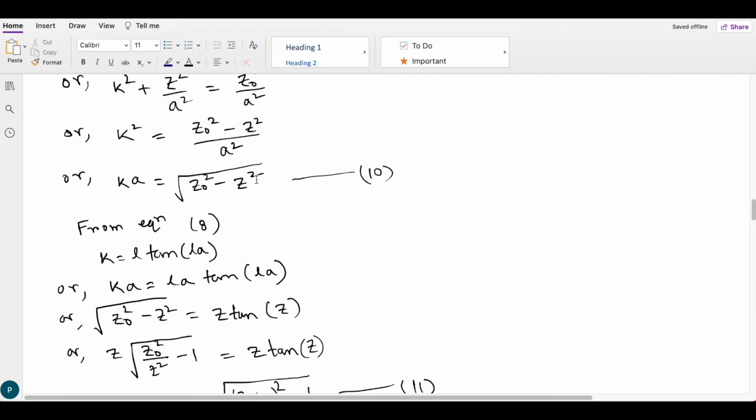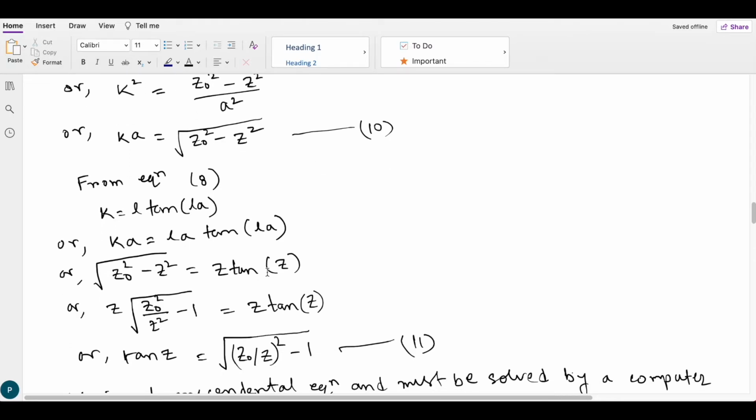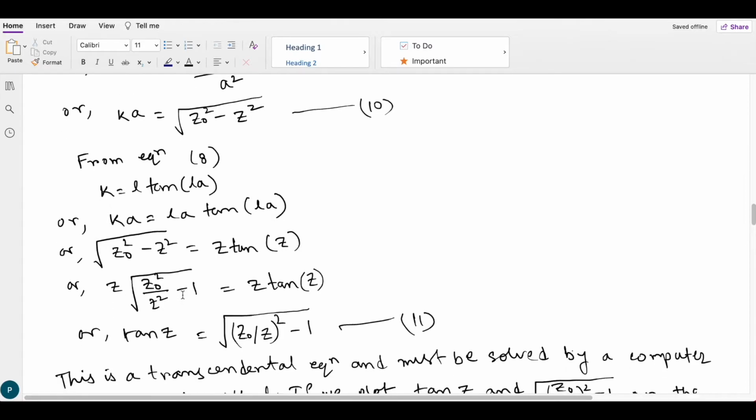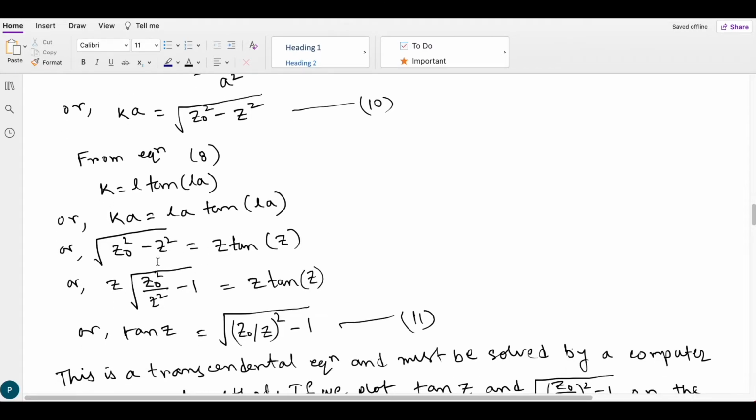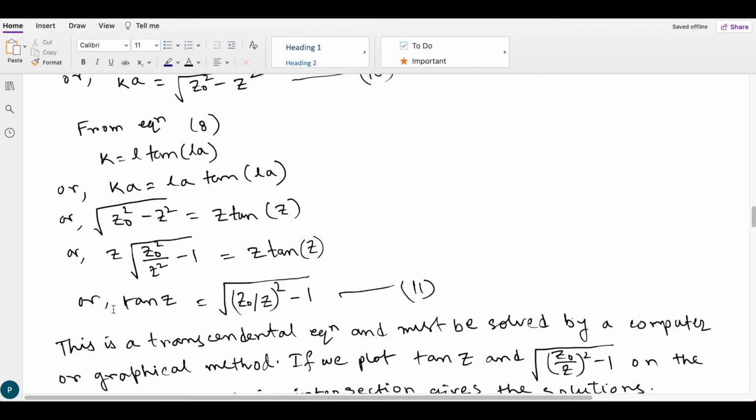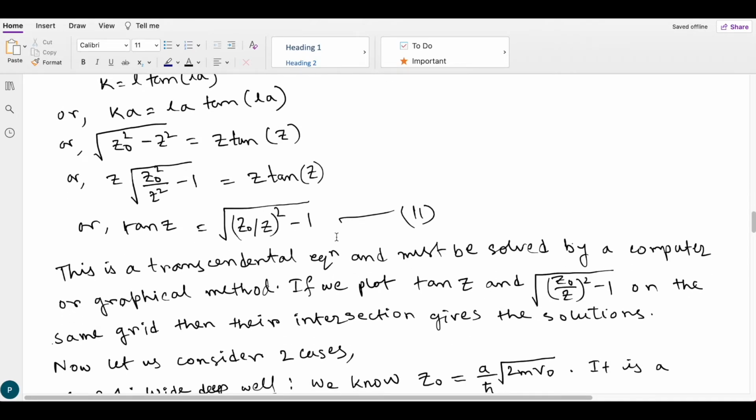Because we have the value of ka in terms of z and z naught, and we know la is z. So the equation becomes root over z naught square minus z square equals z tan z. Now we are taking z common out of the root, so we get tan z equals root over z naught square by z square minus 1, equation 11.